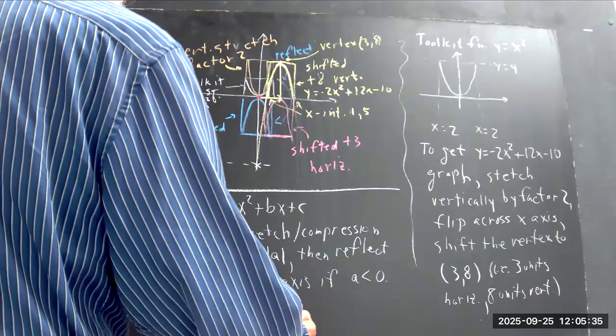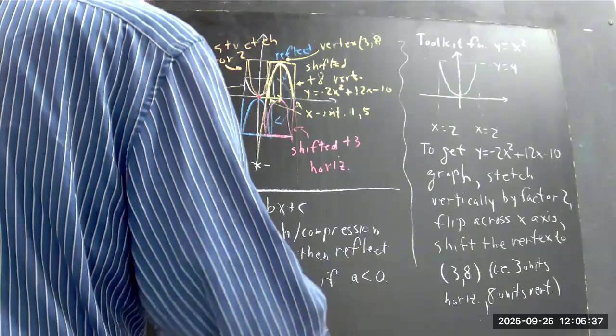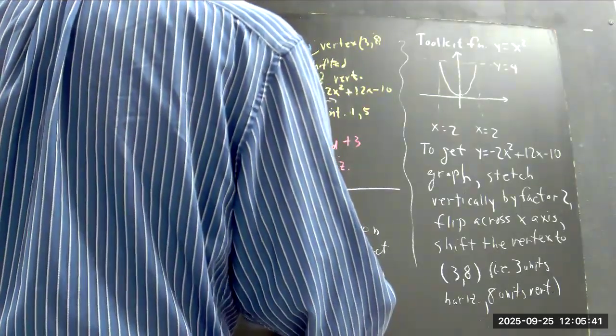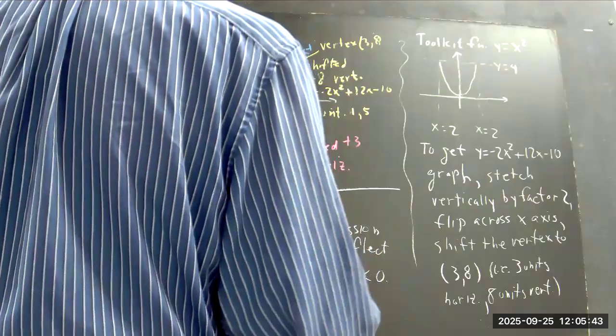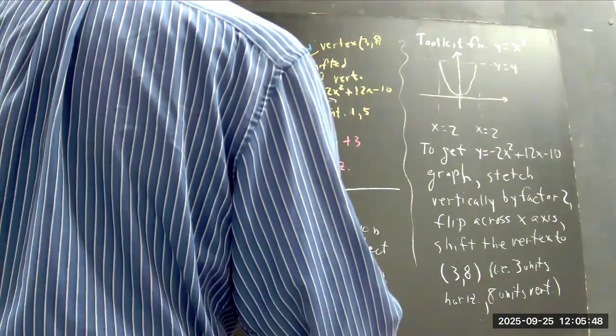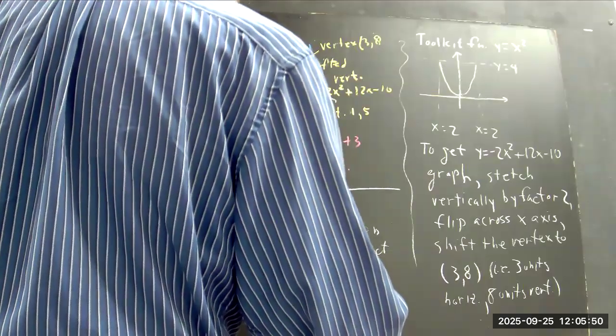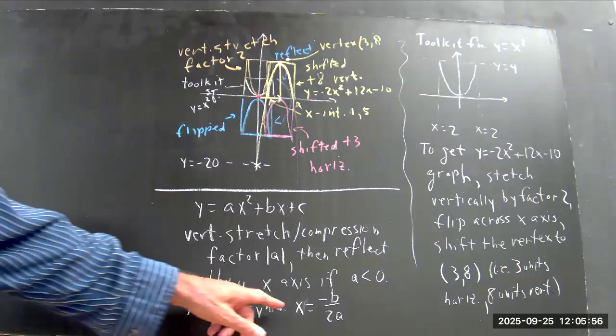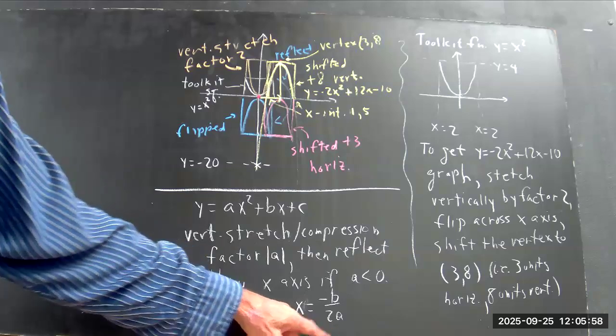So symmetry is, I'll just say is, I write x equals negative b over 2a. It is a line.